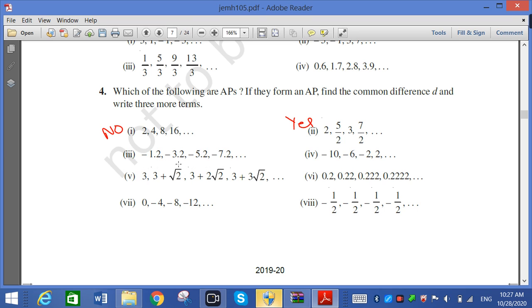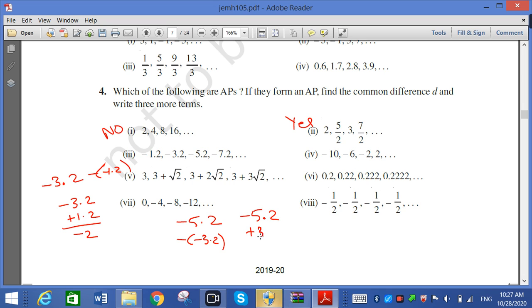Minus 1.2 minus 3.2. So minus 3.2 minus 1.2. So minus plus. So 3.2 plus 1.2, so minus 2. Again, check the next one. Minus 5.2 minus 3.2. So minus 5.2 plus 3.2.